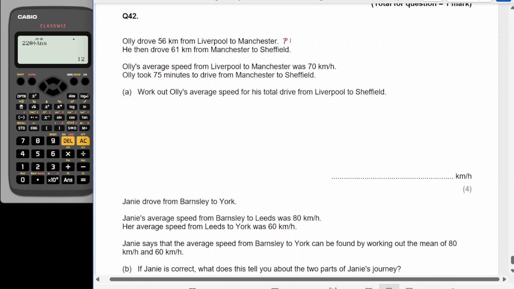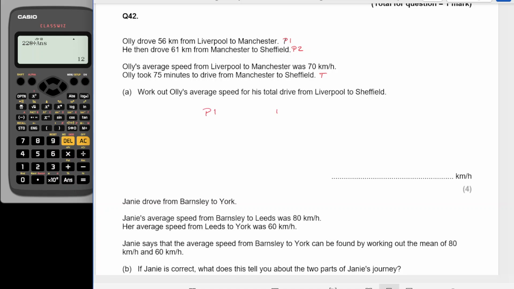We'll call this part 1, we'll call this part 2, and we'll call this total. So part 1, part 2, and total. So we've got speed, distance, and time. For any compound measure question, I follow a similar process to this.